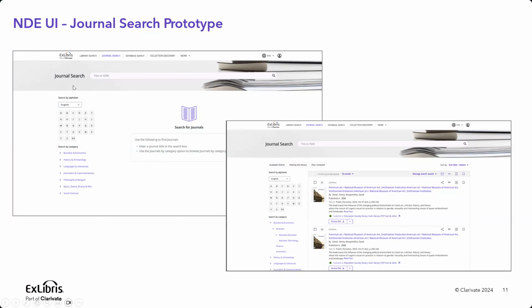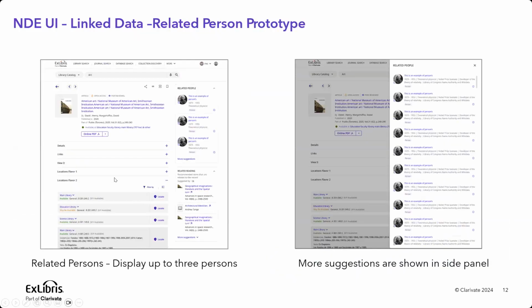In the NDE UI, you will have the option to either search for a journal in the title or the A to Z, as you can see here, or the category. And this is how it looks while you have search results, also containing the quick top availability filter on the top, and the option to sort. So you can see this is how the journal search prototype looks.